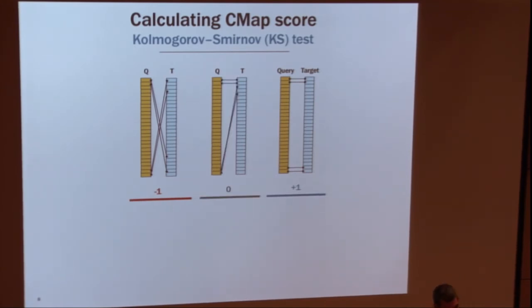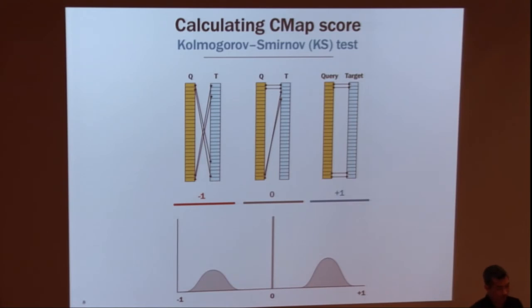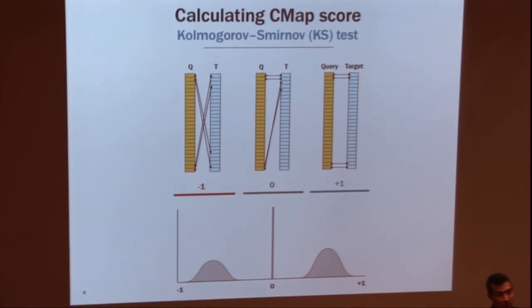And if the genes that are up in the query and also up in the target are down in the query and also up in the target, we said that doesn't make any sense. And so we call that a null connection, and we push that to 0. So essentially, if you do this across the whole database, you get a distribution with a big pile up at 0, and you have a distribution to +1 and another distribution to -1.